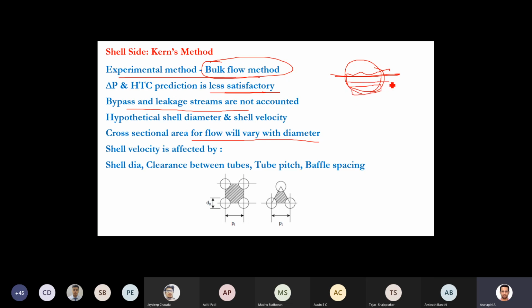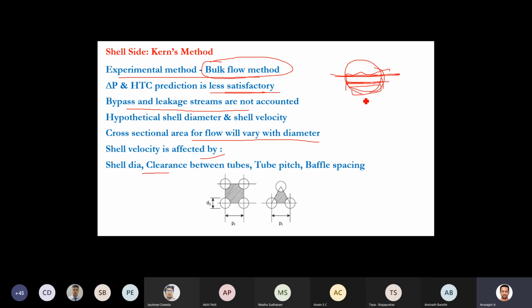If you calculate the flow area based on this value, the cross-sectional area is different. The cross-sectional area is maximum when you use the diameter, but it will vary with the diameter, correct? So the shell velocity is affected by all these things.